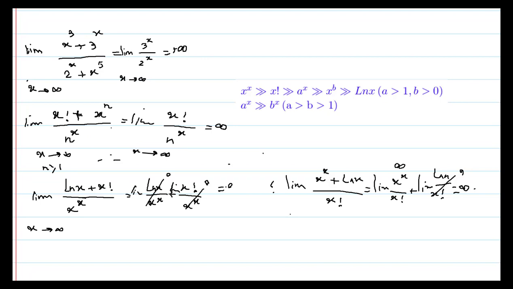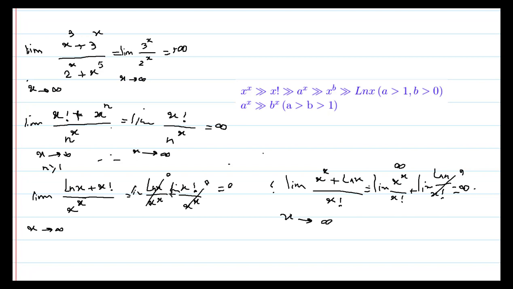Or another example: the limit of x plus x^x plus ln x over x factorial. If I separate the limits, the numerator is separated as x^x over x factorial plus ln x over x factorial.